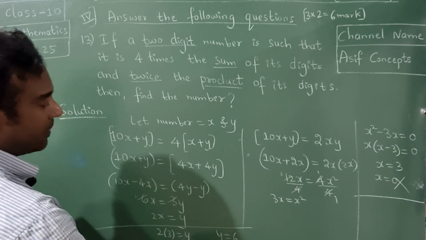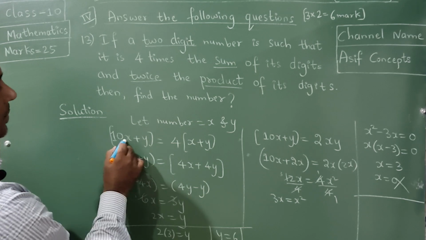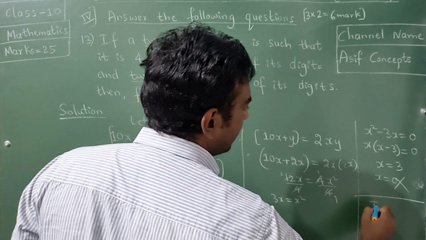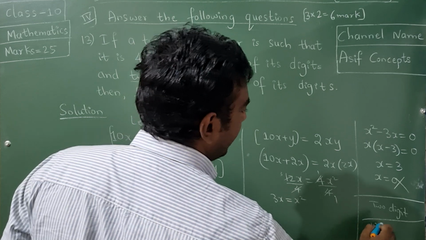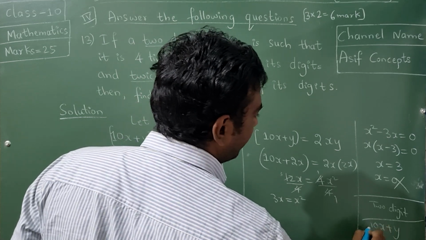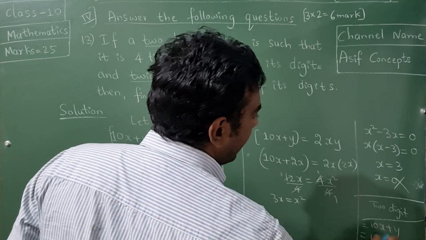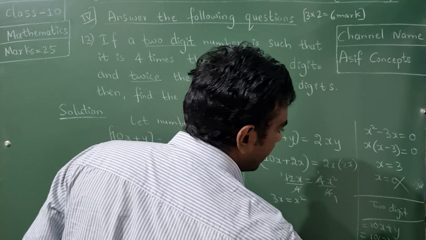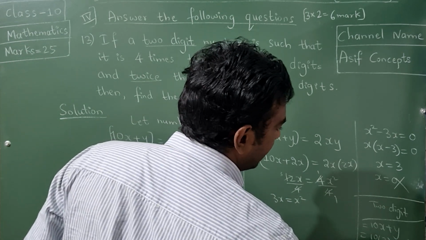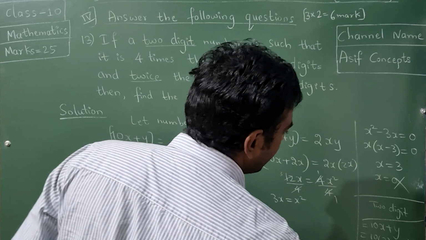Now substituting to get the two digit number, it is 10x plus y. x value is 3 and y value is 6. So 10 into 3 is 30 plus 6. So the answer is 36.